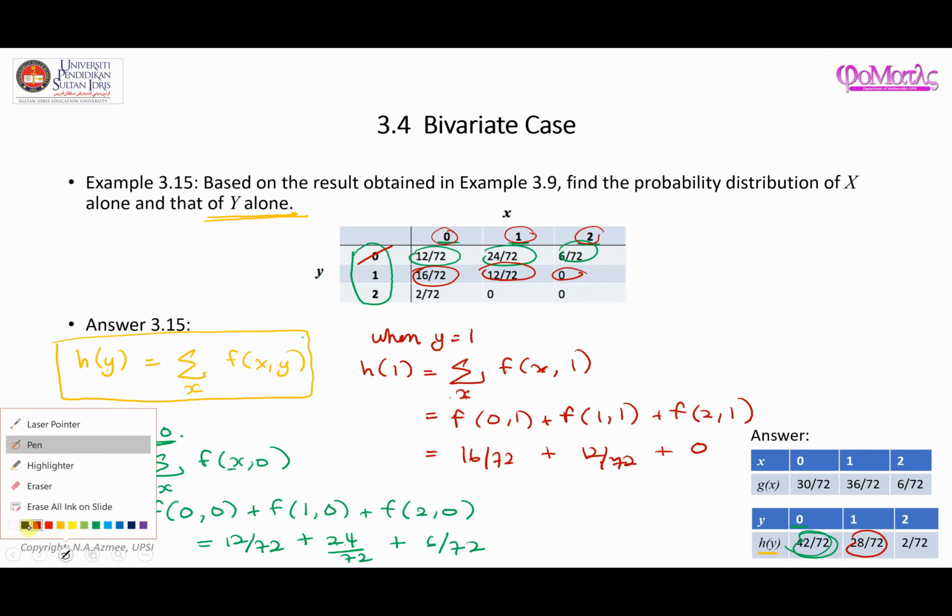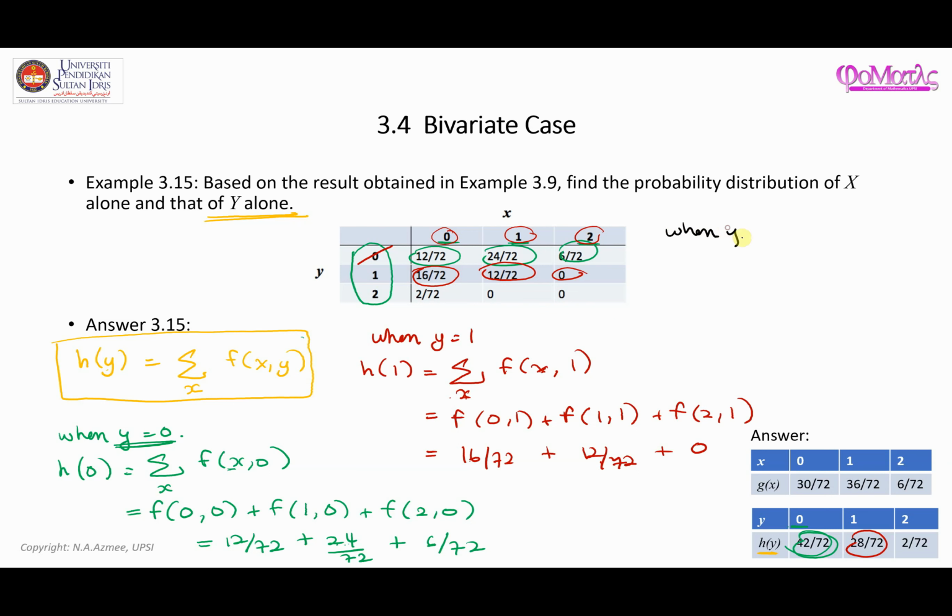We can look at the last step. I'm sure you are already well versed in the process, and maybe you can try and do it on your own. So when y is equal to 2, what we have is h2, the notation with respect to x, fx2. Our job is to keep changing the values of x accordingly.